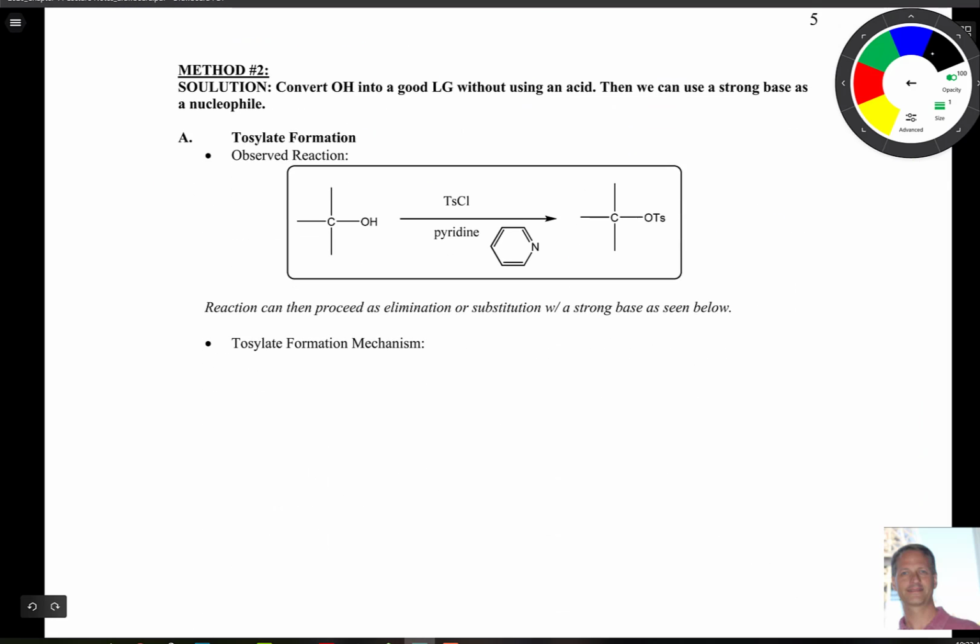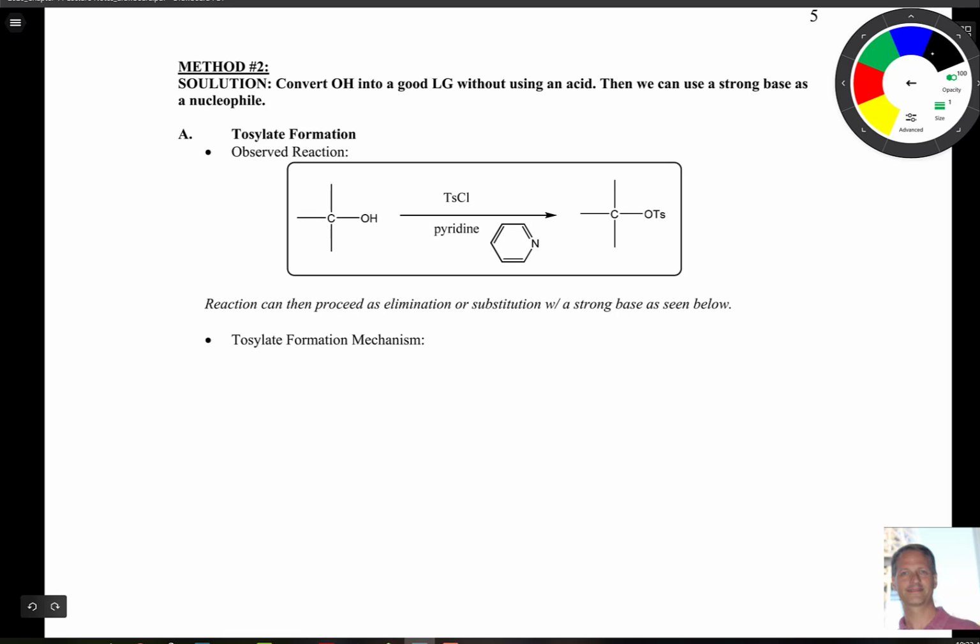So this is our main goal. This is our solution to this problem. So the solution is going to take an alcohol. So here we have an alcohol. And the way that you'll see this is you'll see TsCl written there. And then pyridine. So pyridine is this guy over here, this cyclic structure. It looks like benzene with a nitrogen hanging out on it, right?